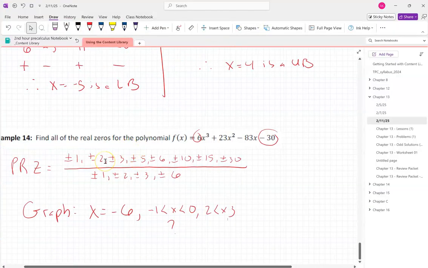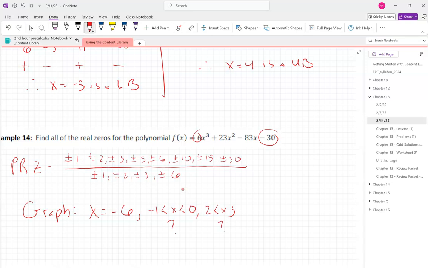We could be like 5/2 or 5/3 or 10/6 or 15/6. Unfortunately, there's a lot of stuff there that are fractions.